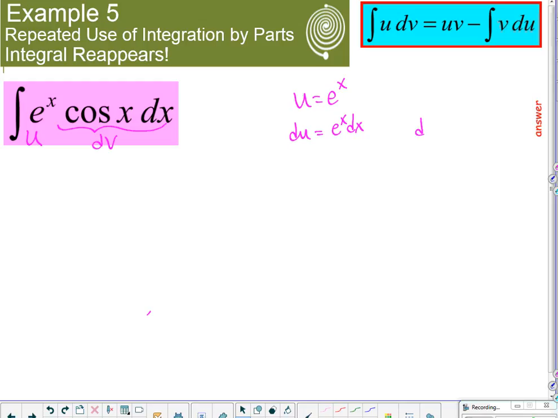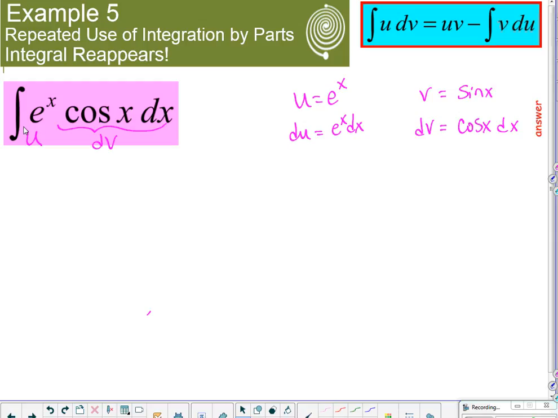Doesn't get any more complicated, doesn't really get any simpler, but on the cosine x dx, if I integrate that, I get v equals sine x. I was able to integrate either of these choices. That's why you could really select the u to be either of those two functions.